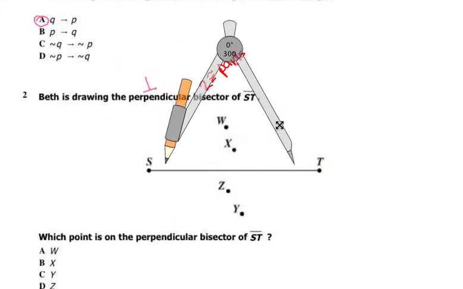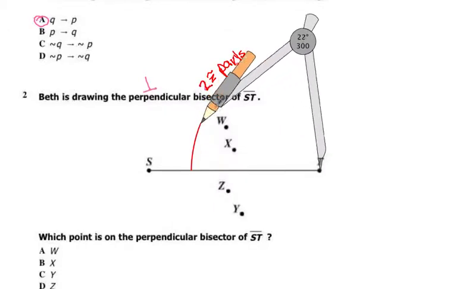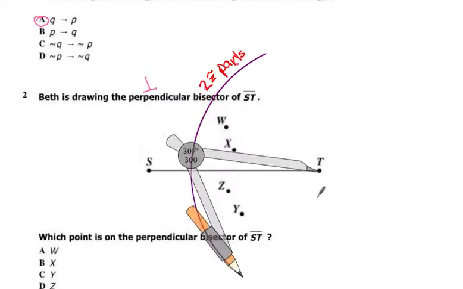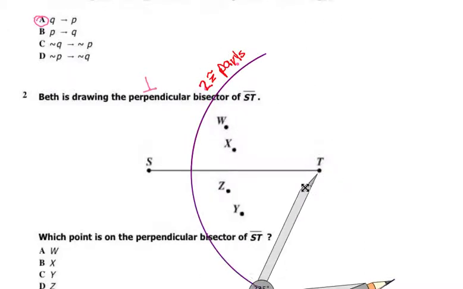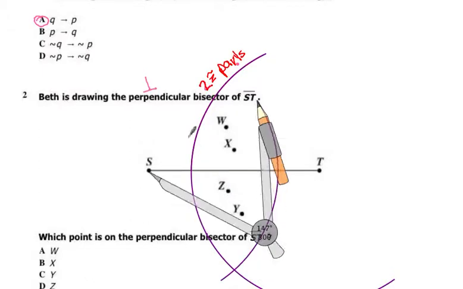To draw a perpendicular bisector, you're going to start with your point on T, and you're going to draw an arc above and below the line. You're going to come to S and do the exact same thing, above and below.